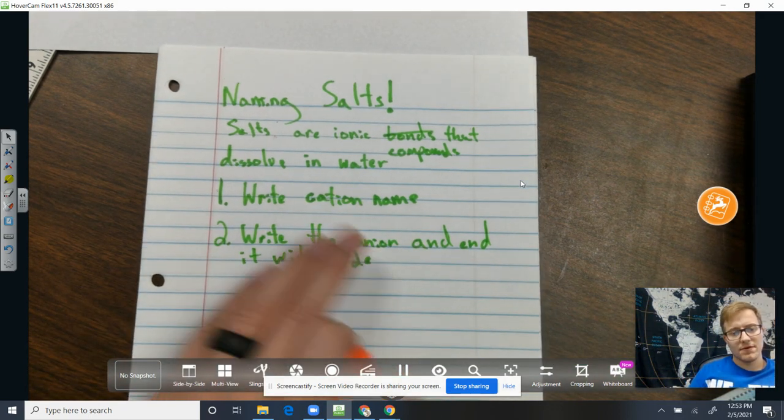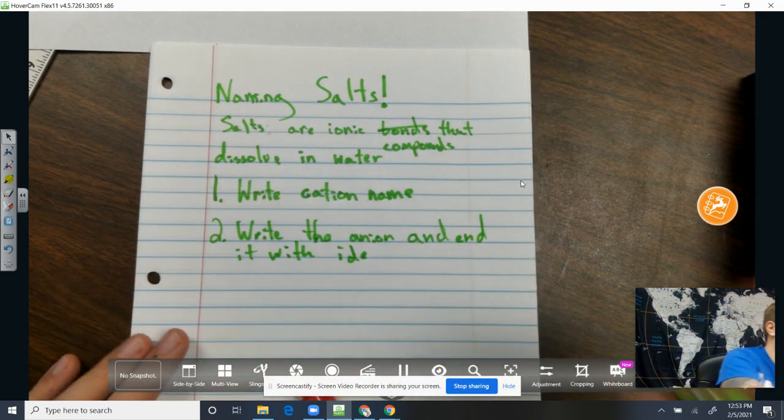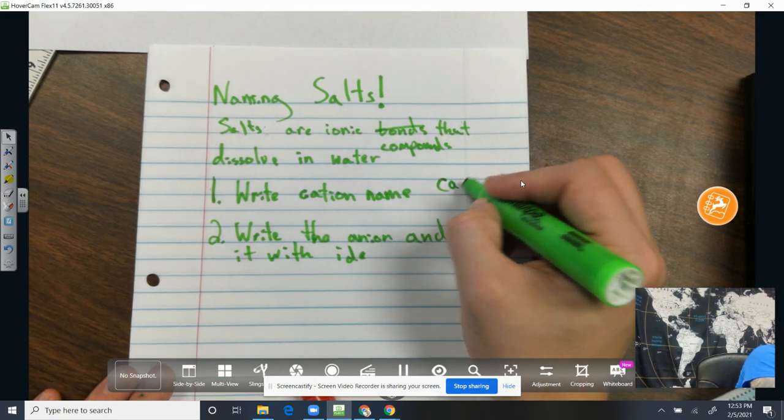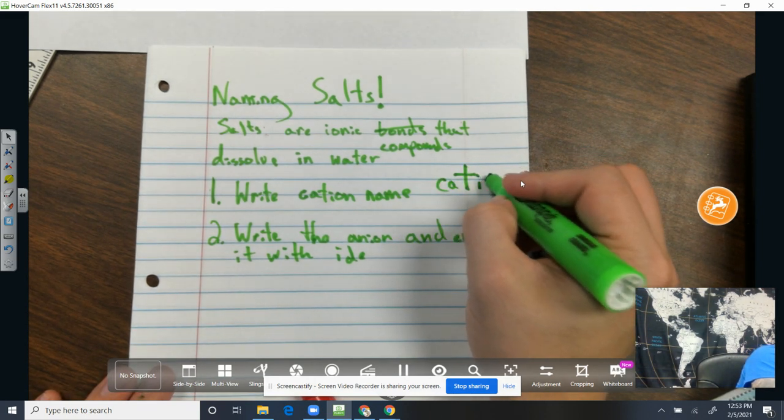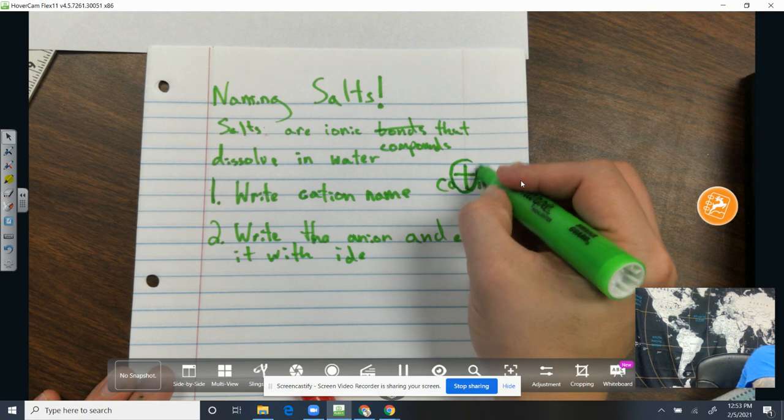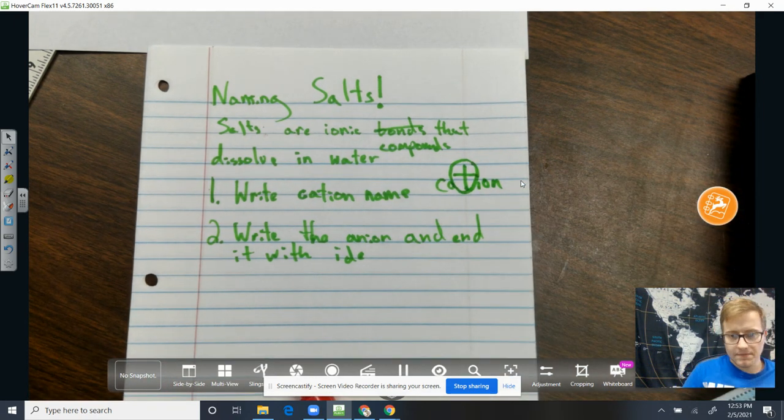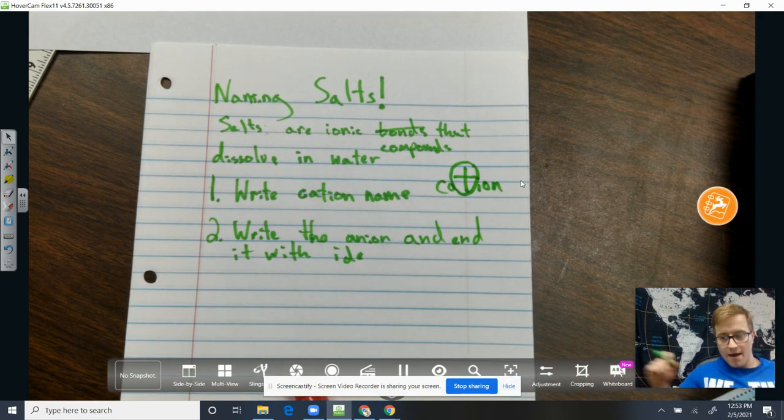Anions are negative, cations are positive. And if it helps you remember, cation, there's a giant plus in the middle of your T. Cation, plus ion. It's a plus ion.